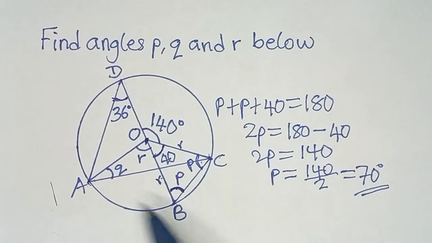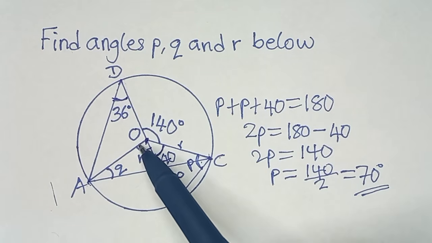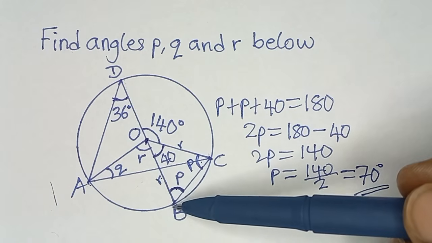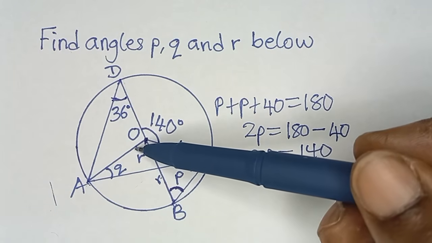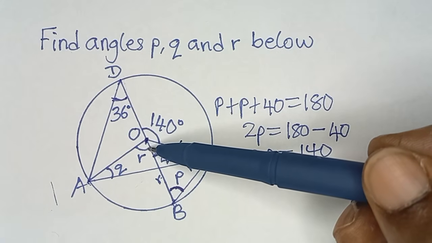From the same points A and B, I have this line from A going to the center of the circle, and from B, this line goes to the center of the circle, and the two of them form angle R.